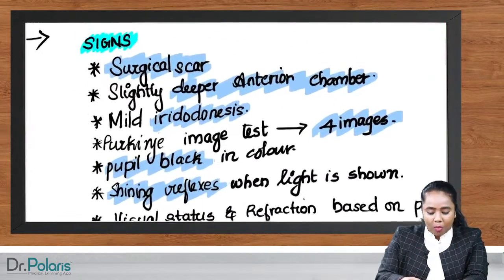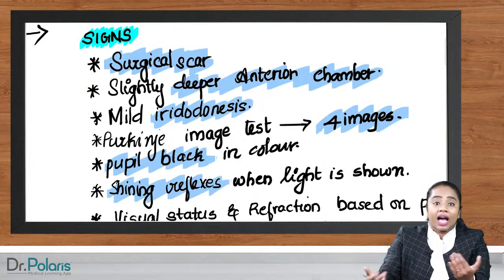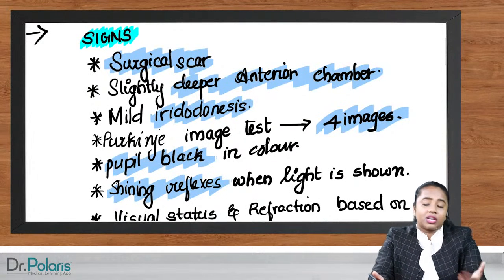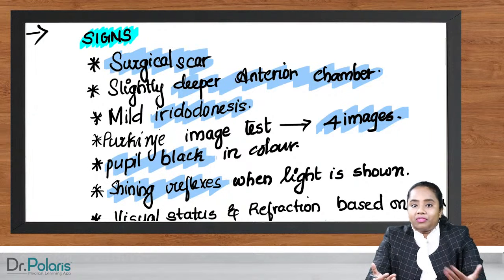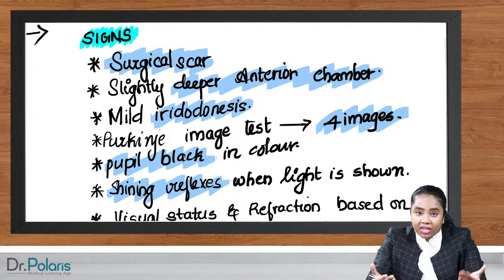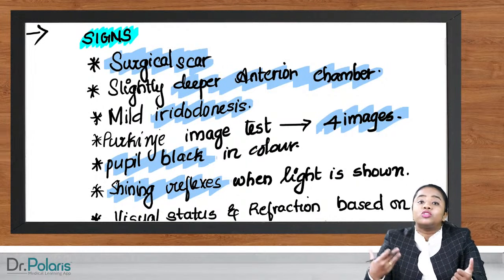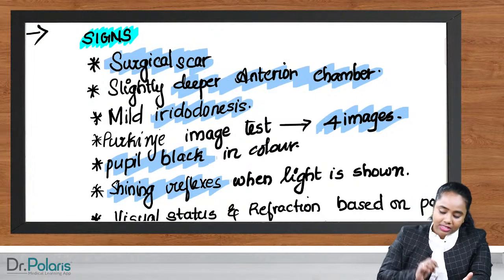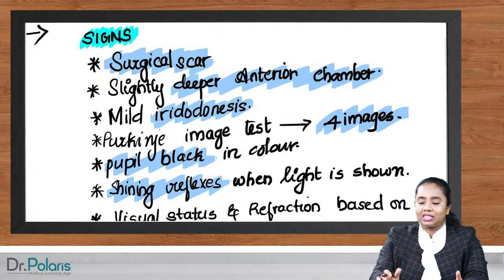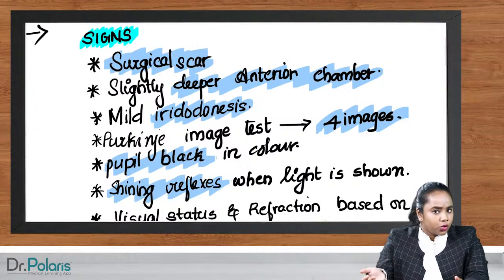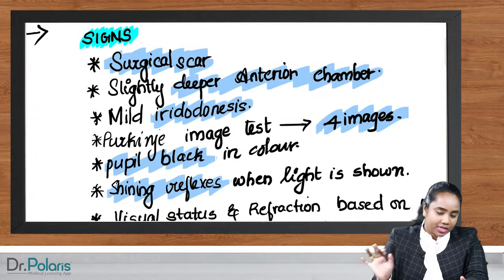Now, let us see what the common signs are. When a pseudophakic patient comes with a lens in situ, you will examine if he or she has refractive errors. When we examine the patient, what kind of features can we see? Obviously, we start with a surgical scar, because in pseudophakia a new lens is implanted, so for sure there is a surgical scar.